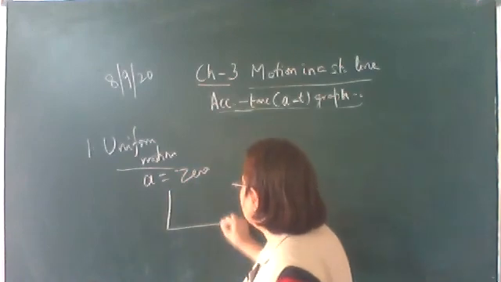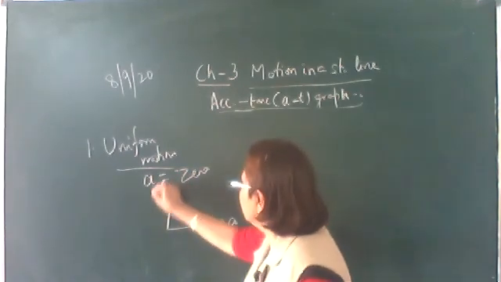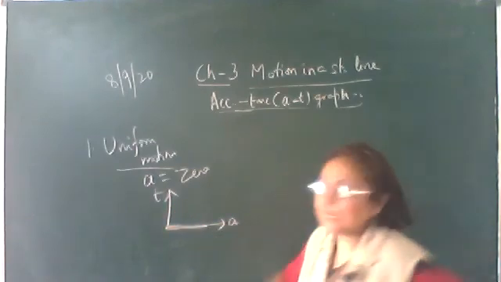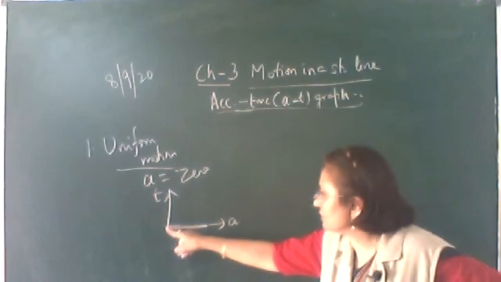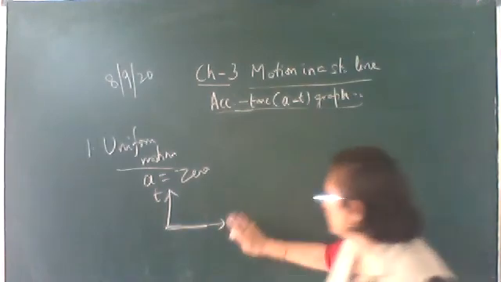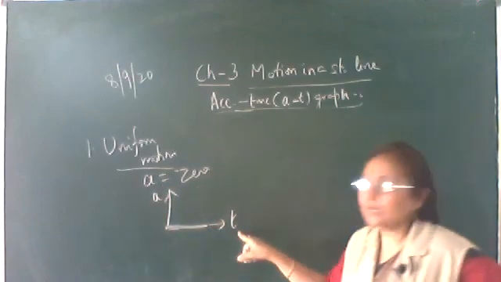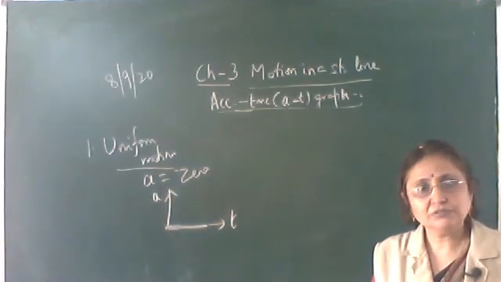So how will the acceleration time graph be? It will be a line on the time axis only. The acceleration for this particular time is 0. Time is here, acceleration is here. From here to here, the acceleration is 0.